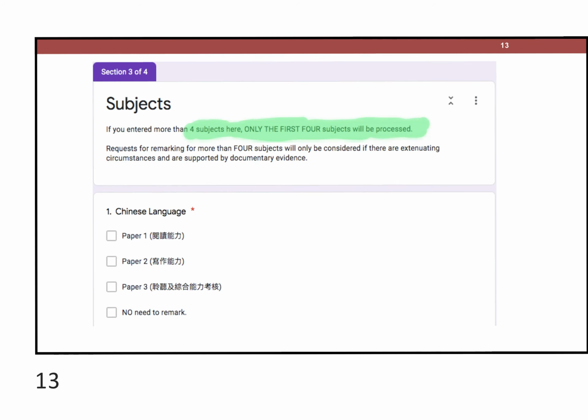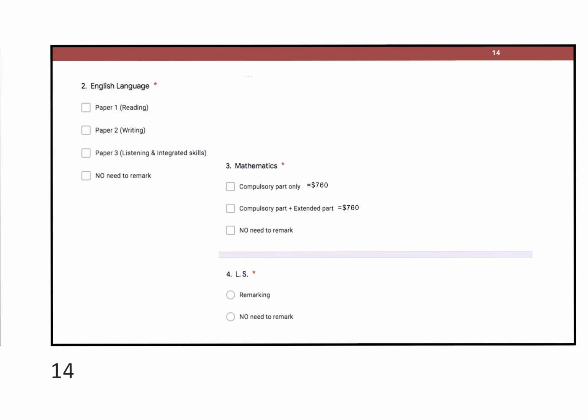Now, you need to indicate which subjects or which components you need to be remarked. If you don't need to remark any components of Chinese language, just choose no need to remark. Similarly, do it again for English language and math, also the LS.